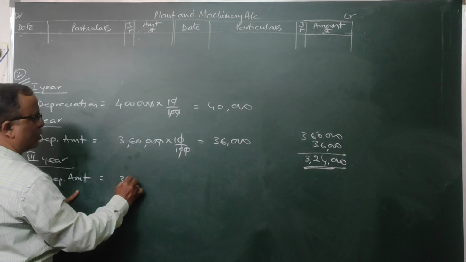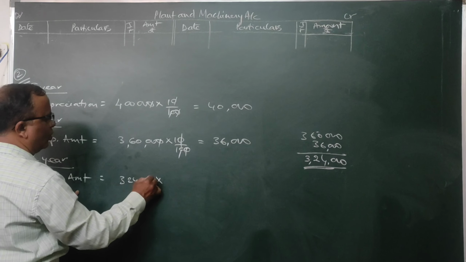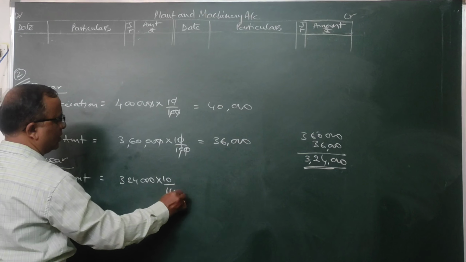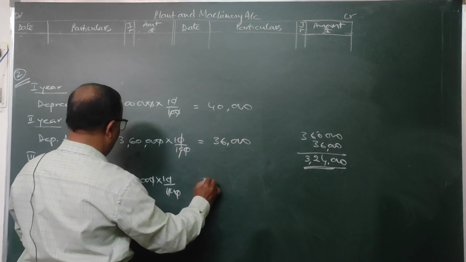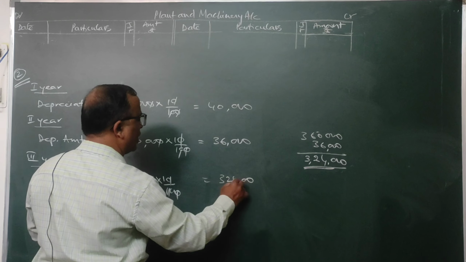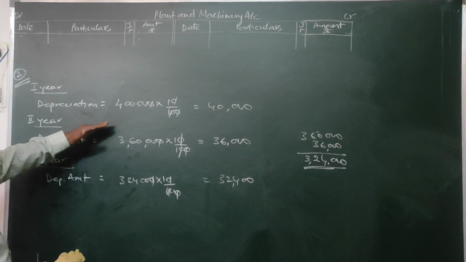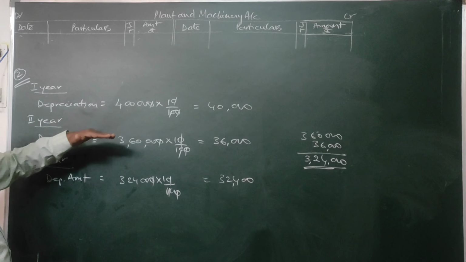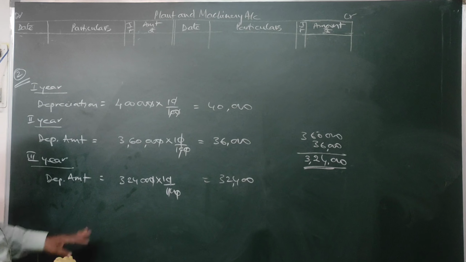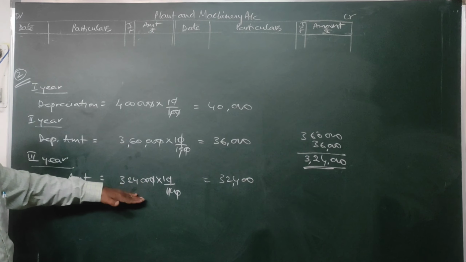So on 3,24,000 into 10%, how much will it be? It will be 32,400. So like this, every year after deducting the depreciation amount, whatever balance is left over, on that we are going to calculate the depreciation.